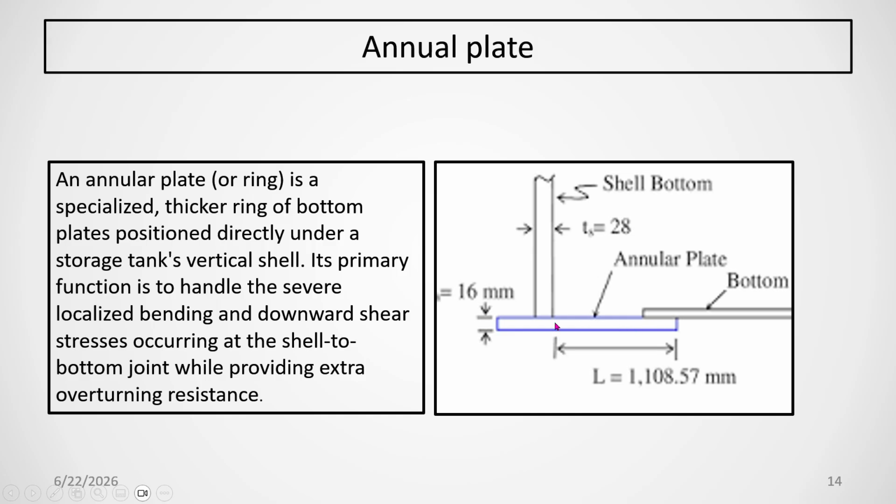The annular plate thickness will be much more than the shell bottom plate. If the shell bottom plate is 28 millimeter, then your annular plate thickness will be 16 millimeter. And all this data is available in API 650. And this is the annular plate.